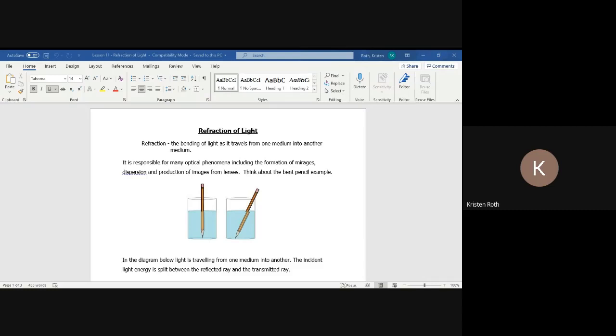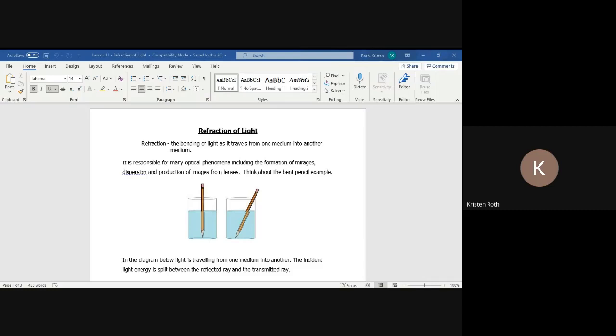As soon as it leaves the water, the angle that it left the water is going to change. So it's not going to leave the water straight. It's going to bend to one side or another and create an angle, whether it slows down or speeds up. It's going to depend on that, which side it goes to or which angle is created.